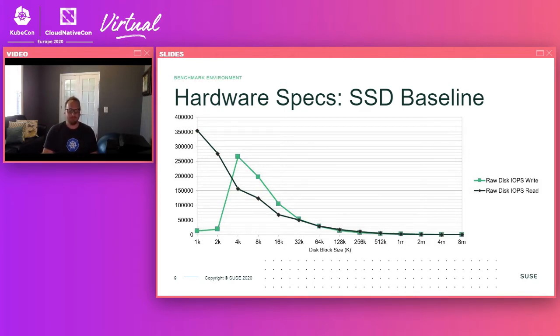So keep that in mind. Again, I also want to point out here that we're measuring IOPS in terms of hundreds of thousands of IOPS. These are really fast disks, and the idea here is to not have them be a bottleneck in the system. So we're looking for the fastest disks we can get.